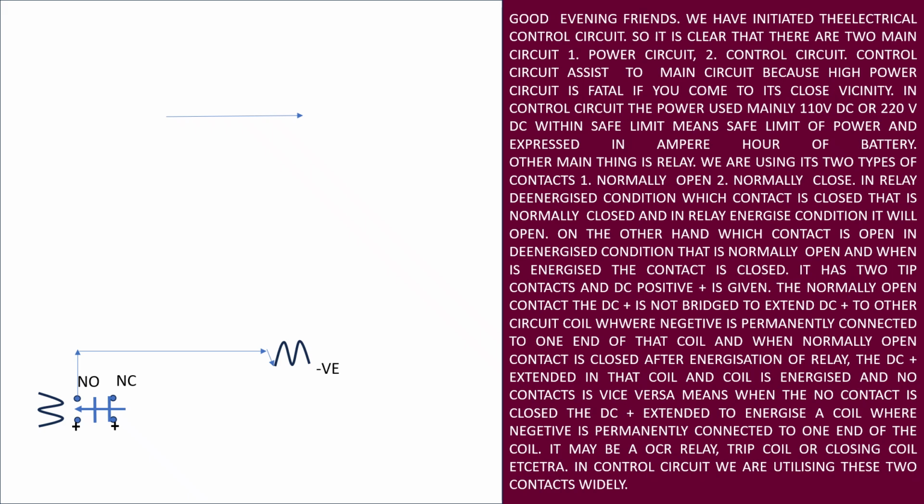The other main thing is the relay. We are using its two types of contacts. One is normally open, another is normally closed. In a relay, in de-energized condition, the contact which is closed is the normally closed contact.